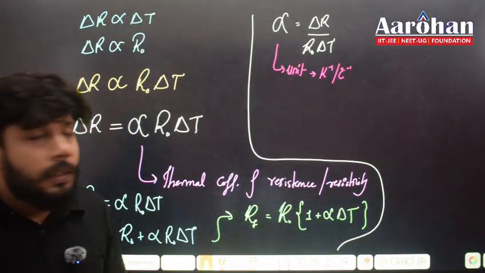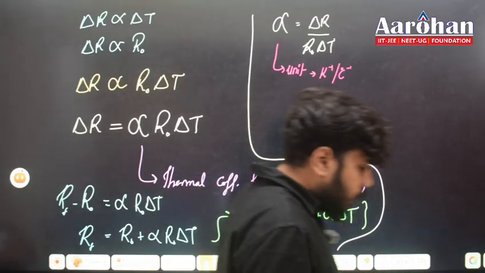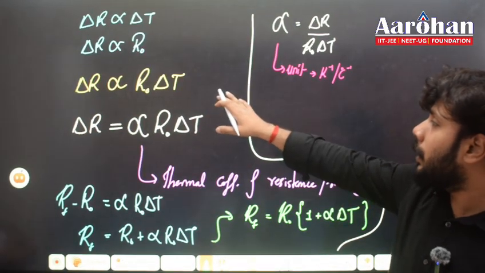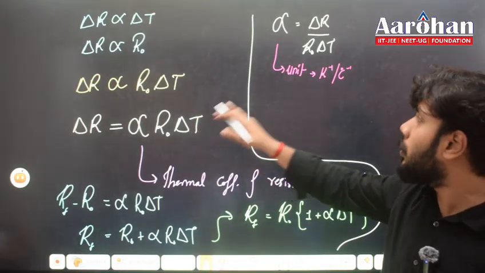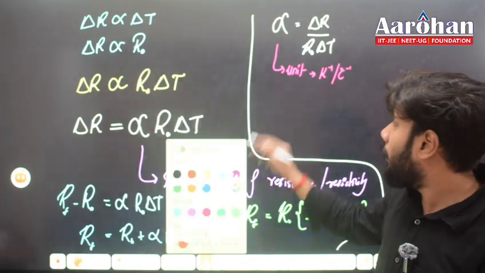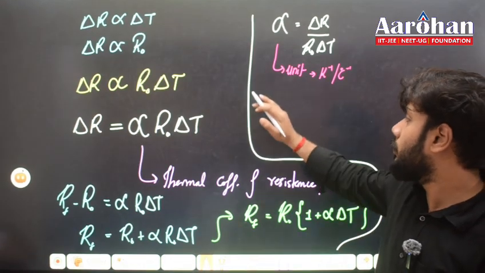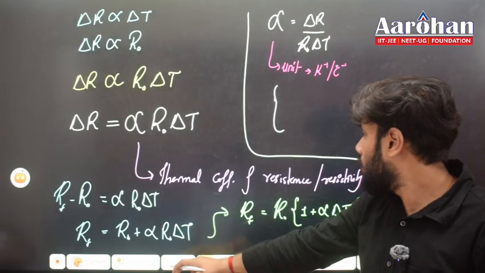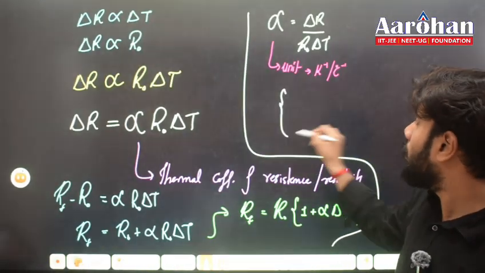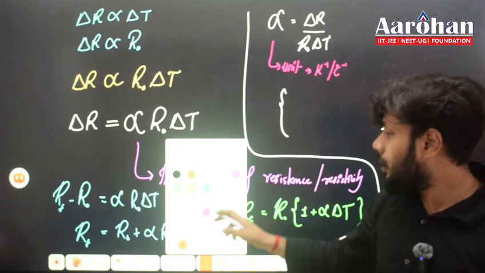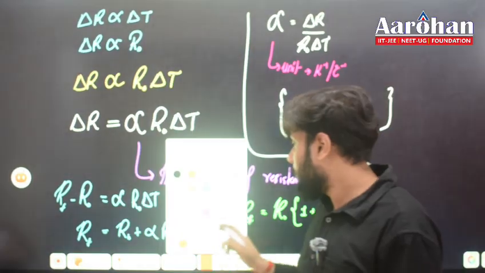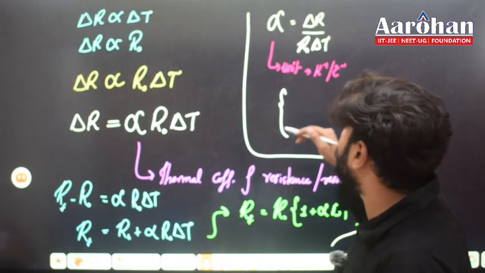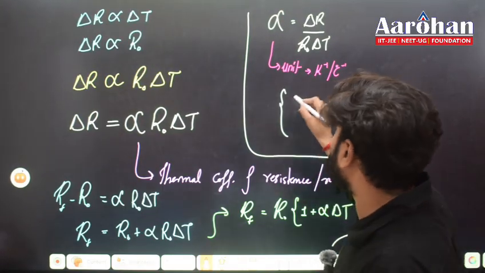In your books, sometimes they will write that alpha is constant. But again I'll tell you, alpha is a function of temperature. Sorry, I was saying time, I mean alpha is a function of temperature. Sometimes in good questions you will see alpha as a function of temperature. Also we'll see the graph of resistance versus temperature, and there we'll get more explanation of alpha.